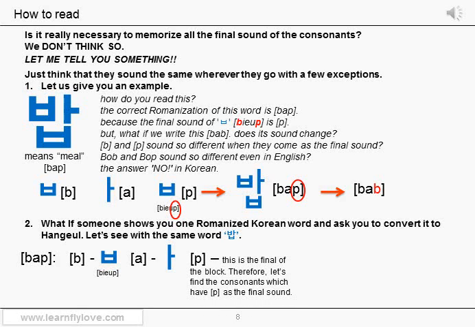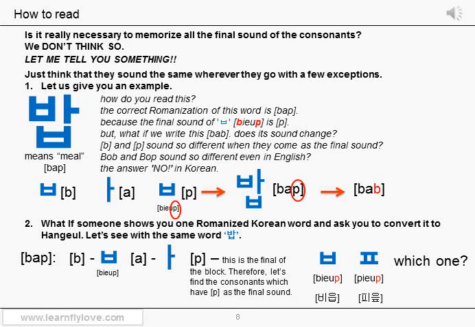Let's find the consonants which have P as the final sound in terms of romanization. There are actually two consonants, biup, which sounds B as an initial, and piup, which sounds P as an initial. Which one to use? Because the romanized final sound of both is the same, P.